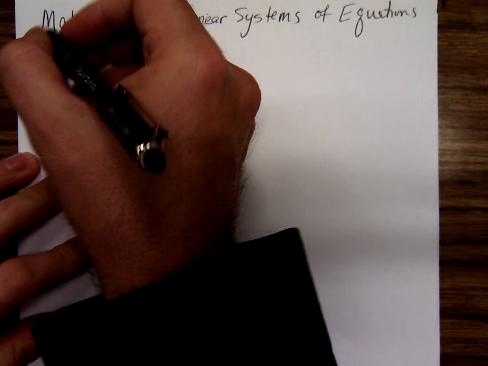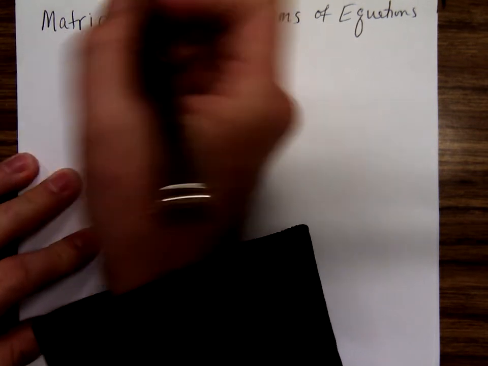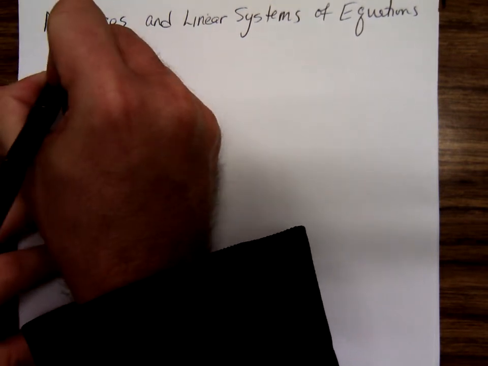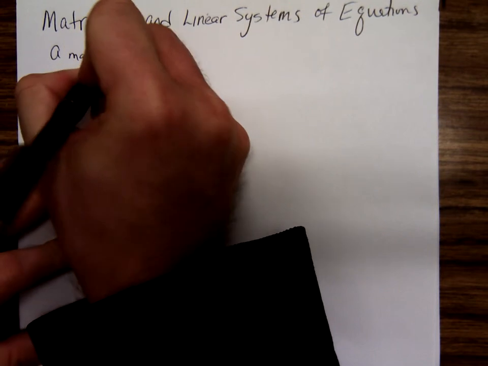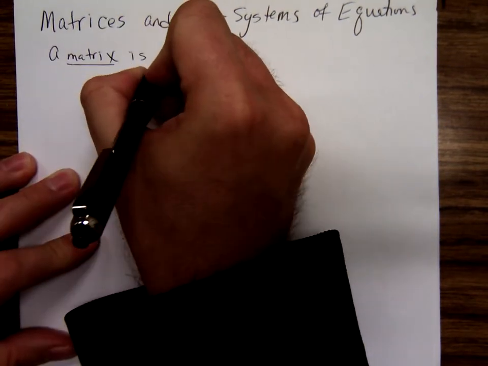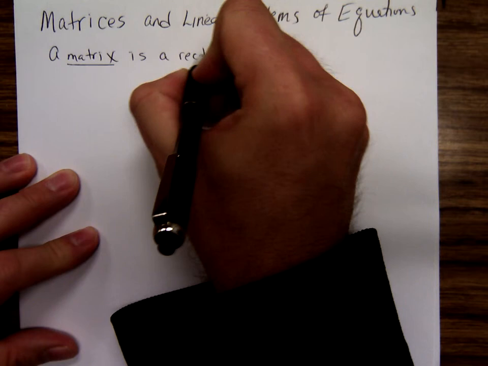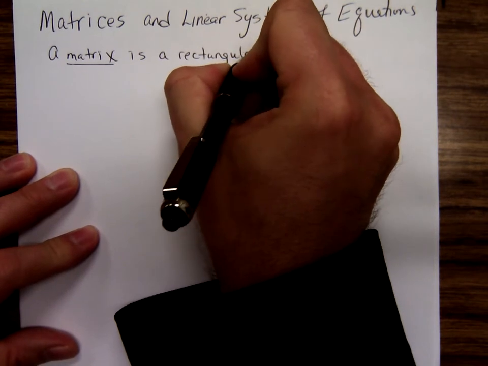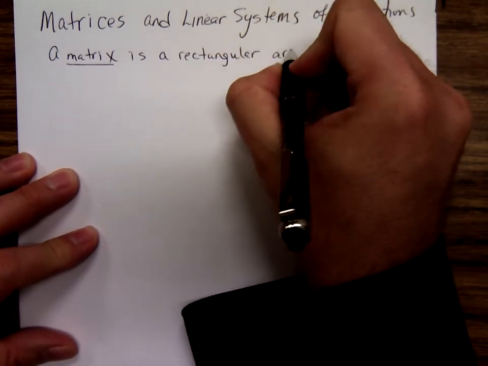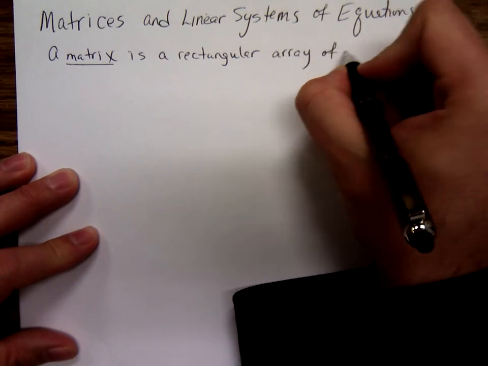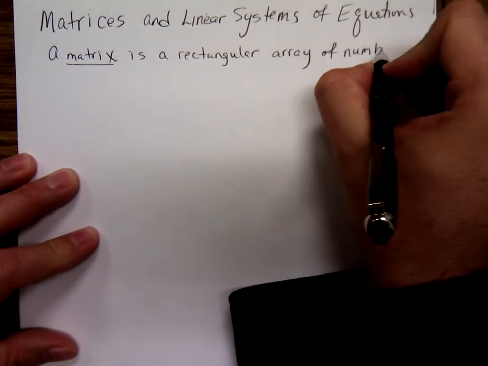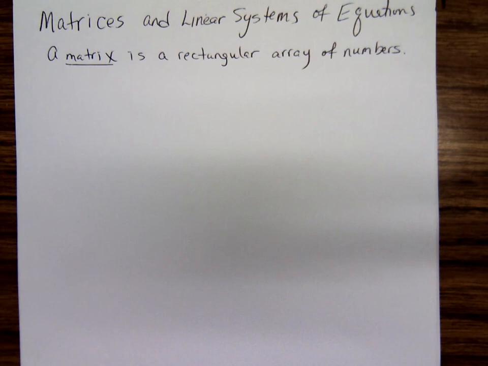And first of all, what is a matrix? Matrices is the plural for the word matrix. A matrix is a rectangular array of numbers, or a rectangular arrangement of numbers, if you want to use that.